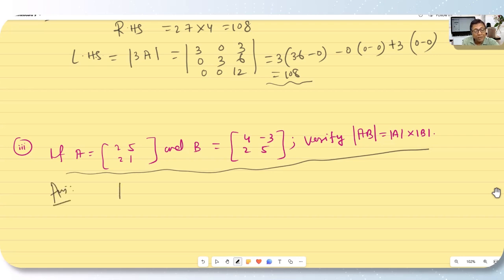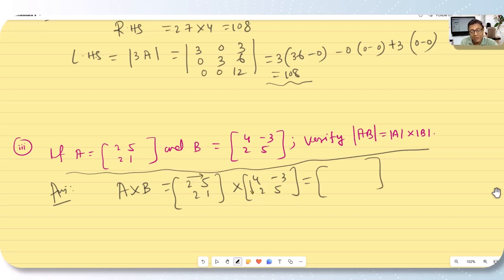You first multiply A into B by using matrix multiplication. 2, 5, 2, 1 into 4 minus 3, 2, 5. Row by column matrix multiplication you all know. This is 8 plus 10, 18, minus 6 plus 25, 19, 8 plus 2, 10, and minus 6 plus 5, minus 1.